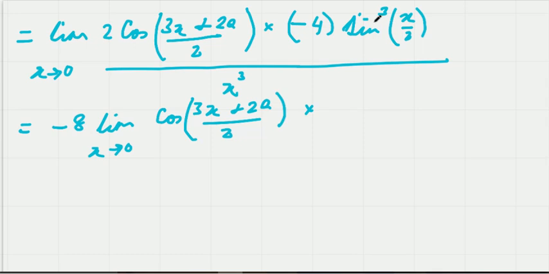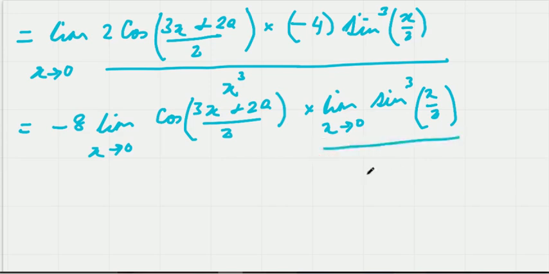So now we are only left with the limit as x tends to 0 of sine cube(x/2) upon x cube. Now this x cube I am writing here because this gives me a hint.